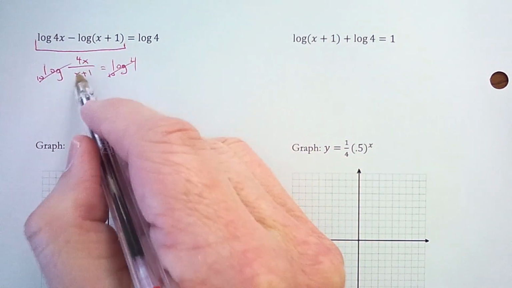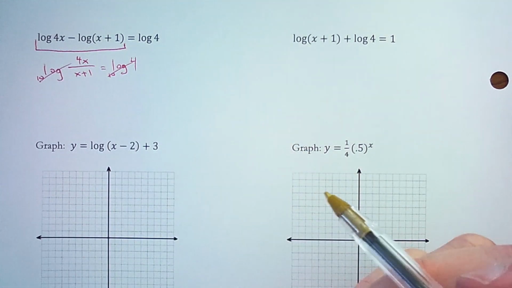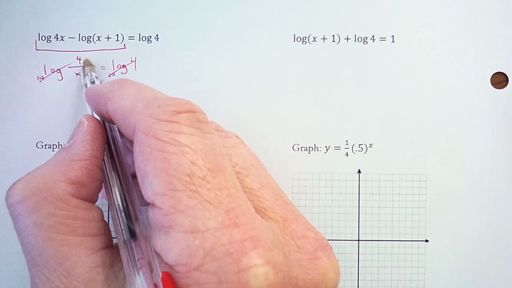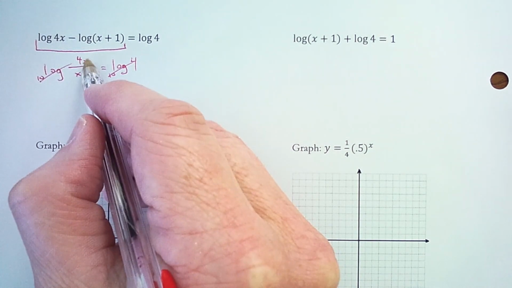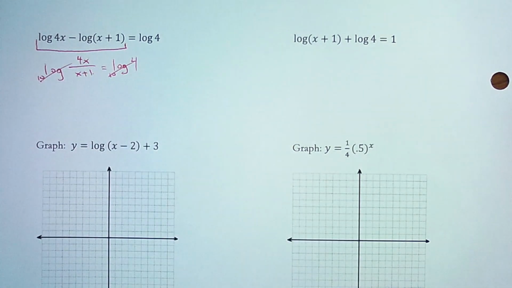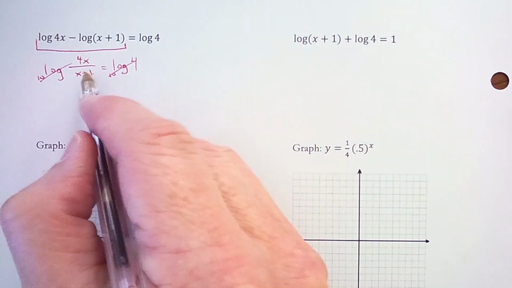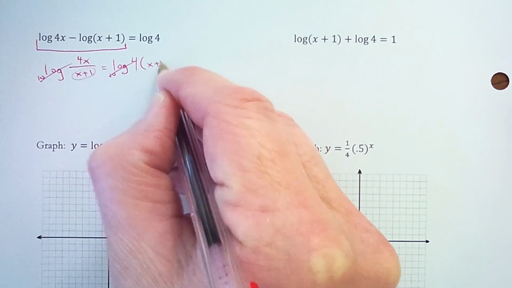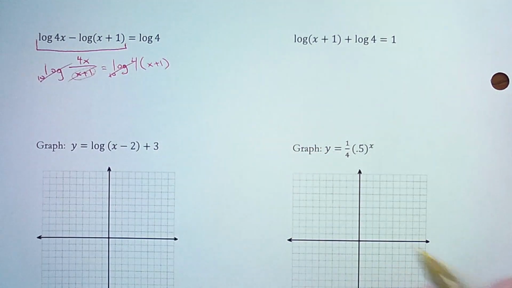And I've got 4x over x plus 1 equals 4. It's very tempting to cancel these x's, but I cannot do that unless I can cancel this x out of this term, and this term, but I can't, so there will be no canceling here. So we're going to take this x plus 1 and multiply it over here, and it's canceled there.